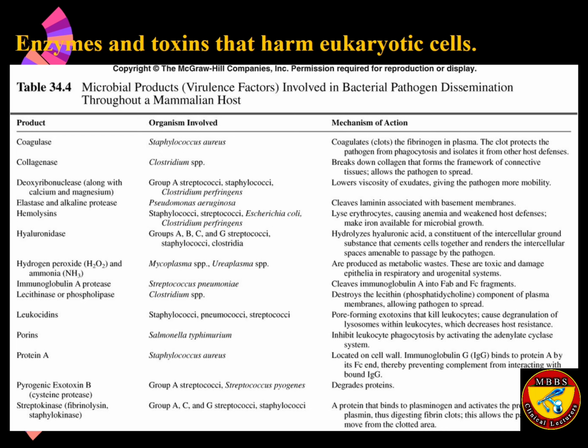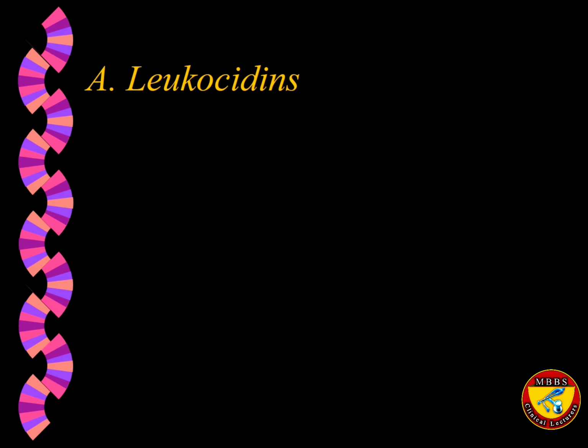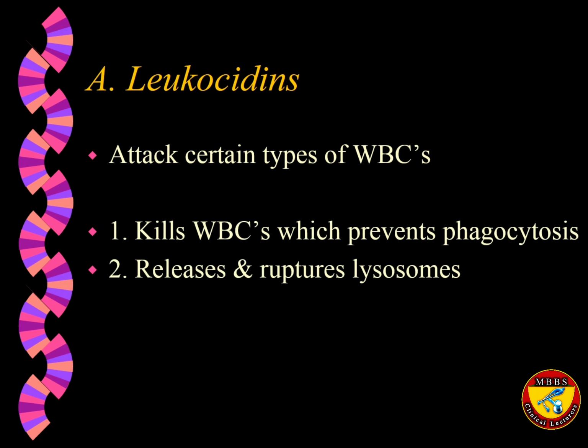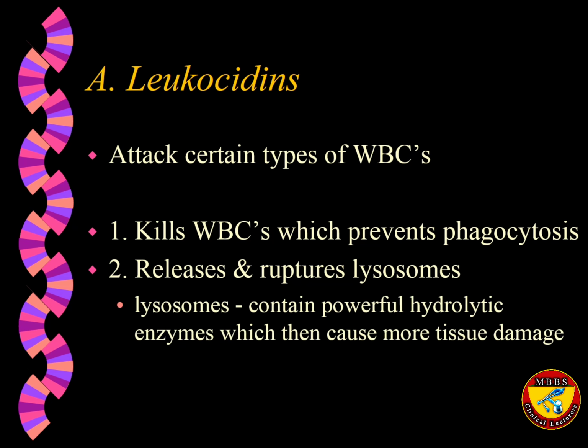These are microbial products and virulence factors of these bacteria which help them in causing disease in the host. Leucocidins attack certain types of WBCs and kill them, which prevents phagocytosis. It also ruptures lysosomes, which contain powerful hydrolytic enzymes.